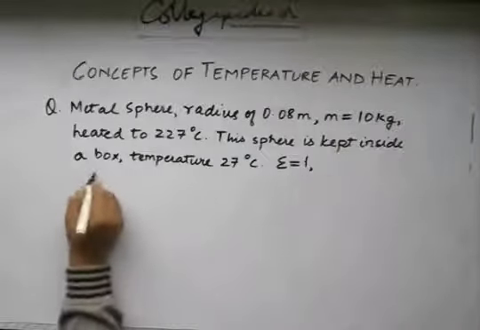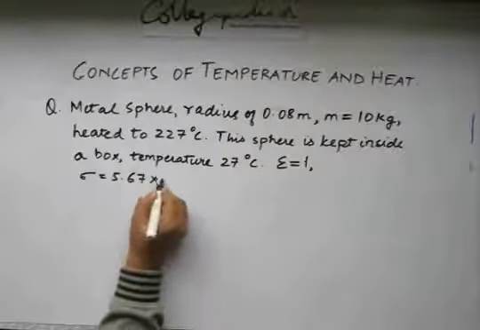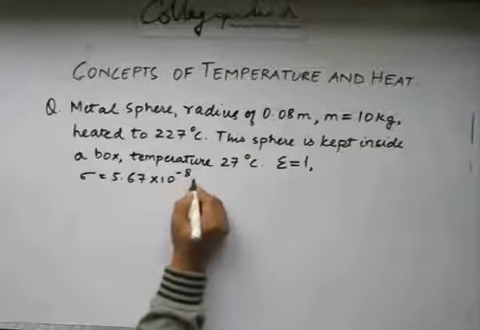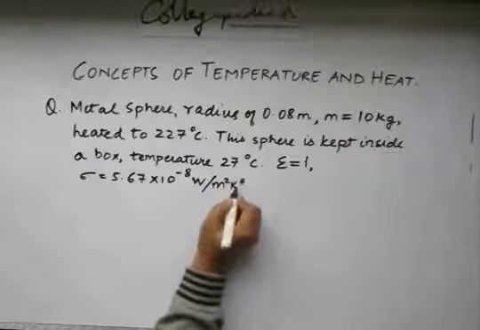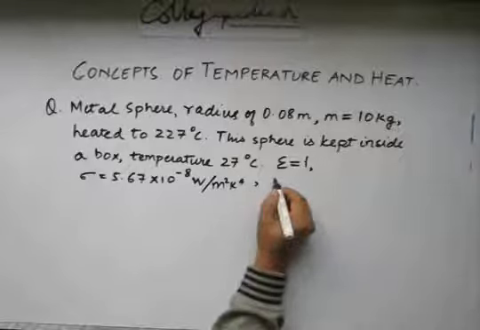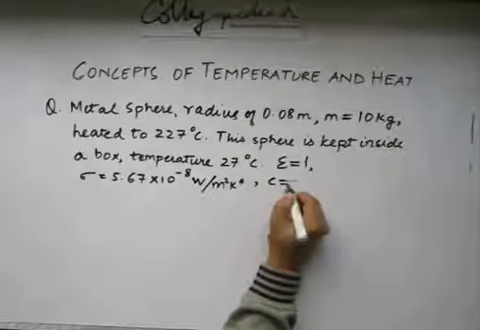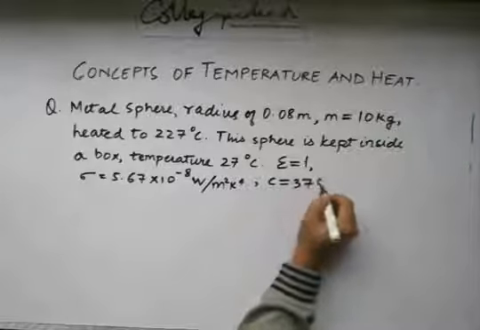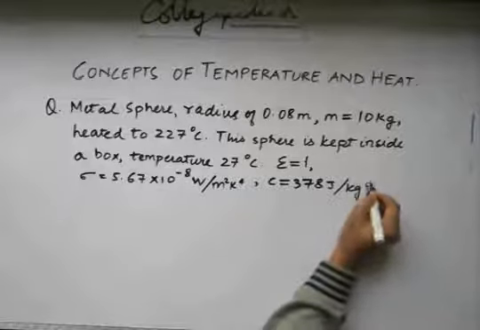The sigma is given to be 5.67 into 10 to the power minus 8 watts per meter square Kelvin to the power 4, and the specific heat of this sphere is say 378 joules per kg degrees Celsius.